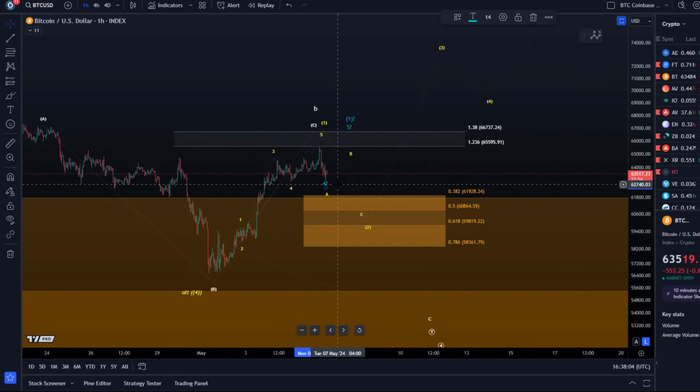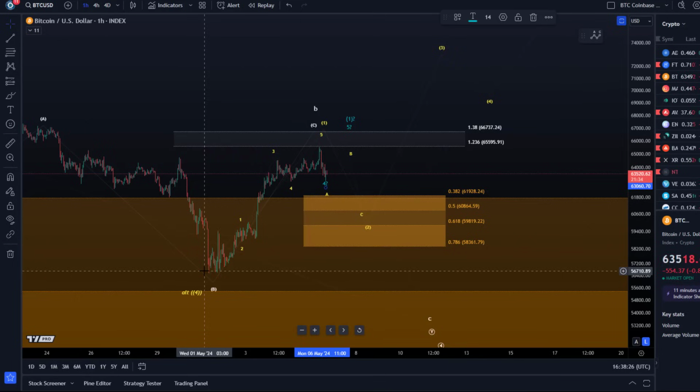But overall, what really matters now is to keep a bullish scenario alive, and to keep the possibility for rising prices alive, and the potential that we've bottomed in a larger degree fourth wave. To keep all of that alive, we need to see the price in any pullback hold above 58,360.